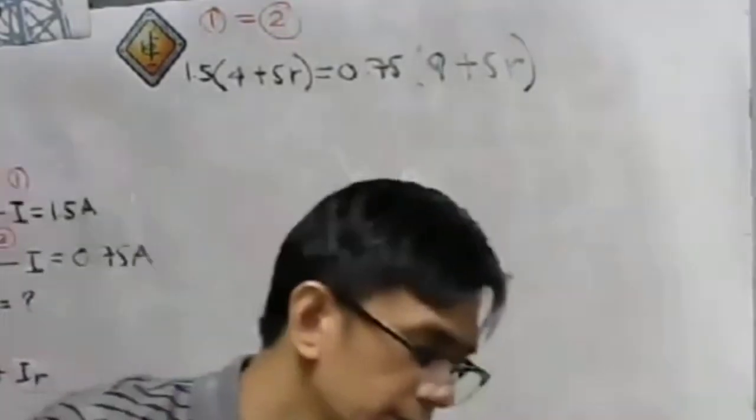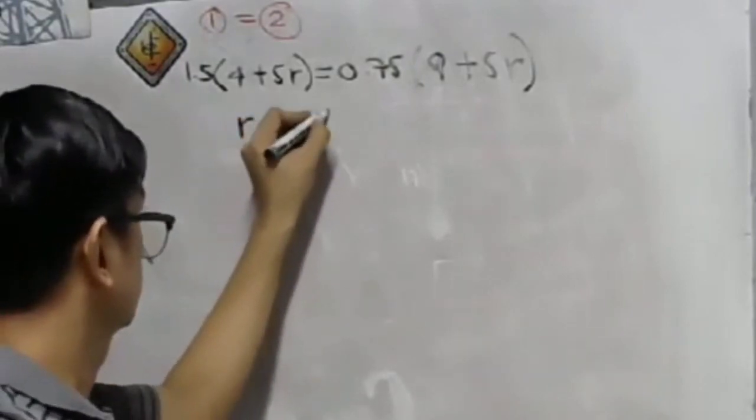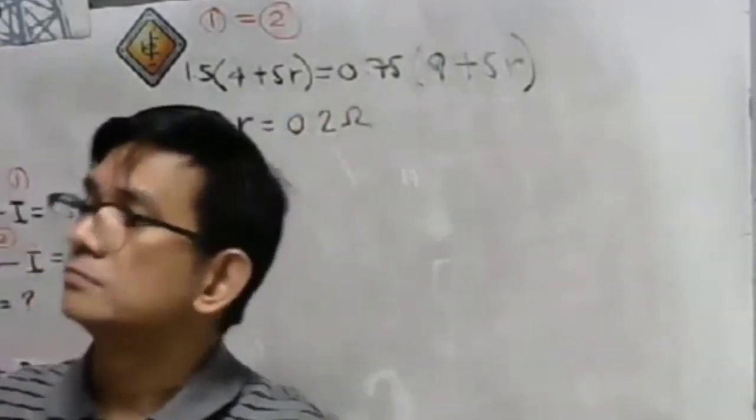So we will replace the r by variable x, and then shift calc. The answer is 0.2. Our r is simply 0.2. Okay, that is 0.2 ohm.